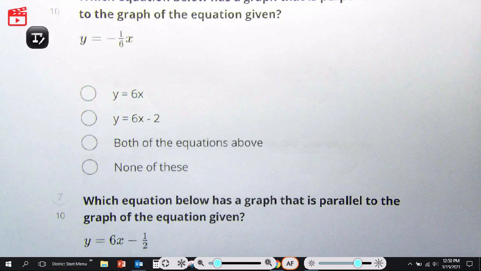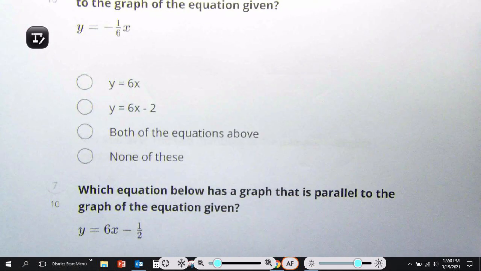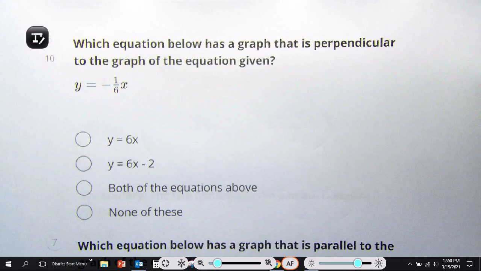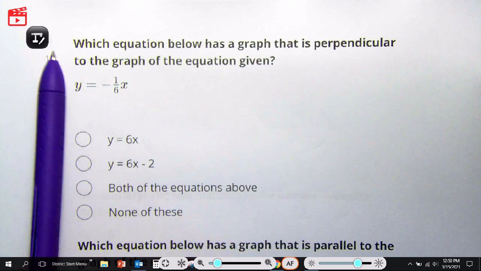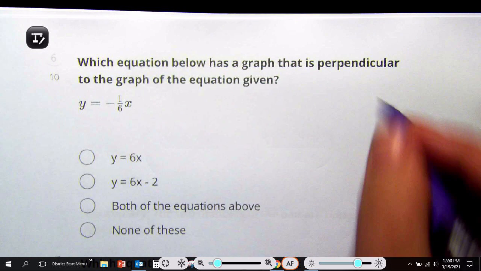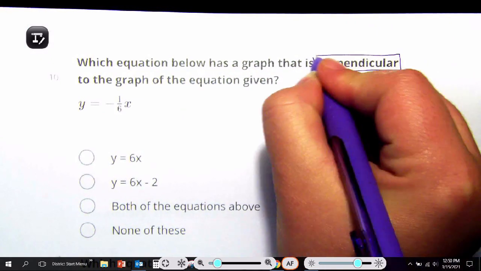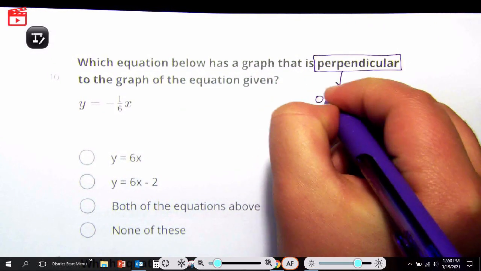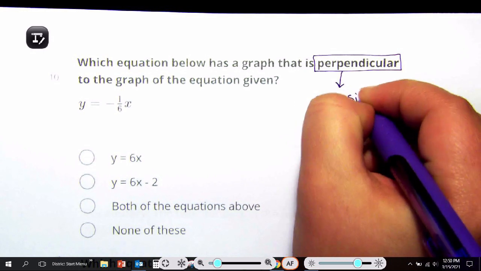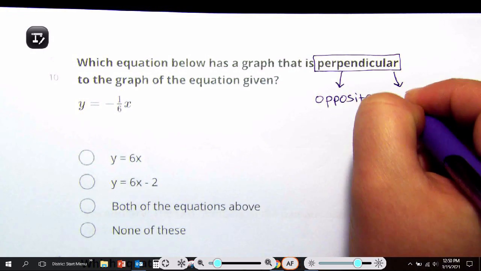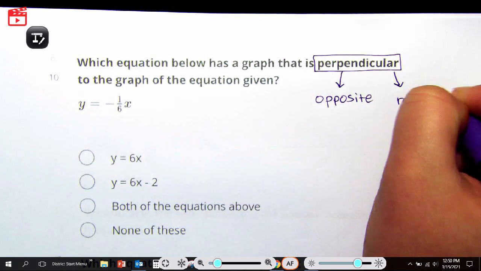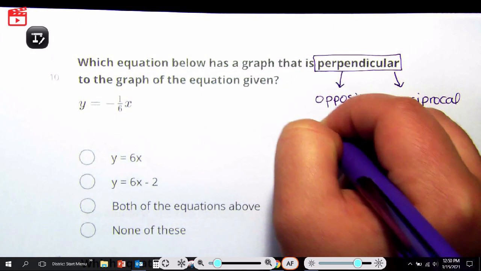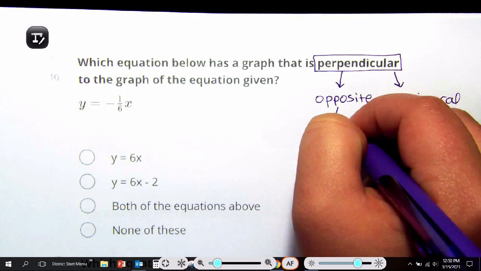Which equation below has a graph that is perpendicular? So we're on question number 10. Oh, excuse me, question number 6. It is worth 10 points. Now, perpendicular is completely opposite. So we need the opposite and we need the reciprocal. Opposite means if it's a plus number, you need to make it into a minus.